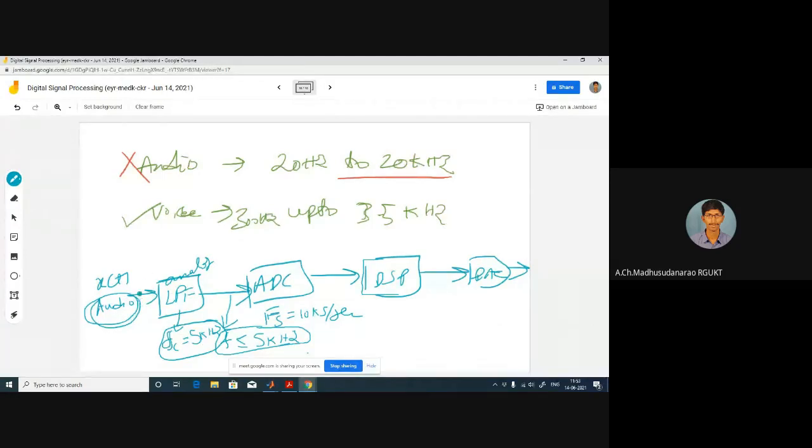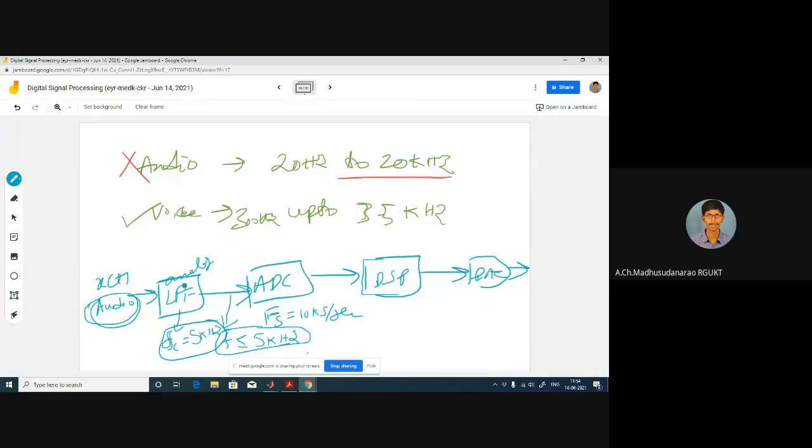But in this audio file, we are not trying to remove the speech part, right? Because the speech part might be up to 3.5 kilohertz, and there might be some music components also up to 5 kilohertz. We are trying to remove the music signal components above 5 kilohertz. That's what we are doing. After that, we are processing with the help of the digital signal processor.